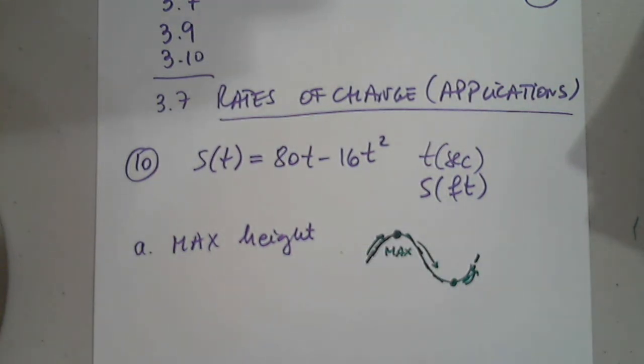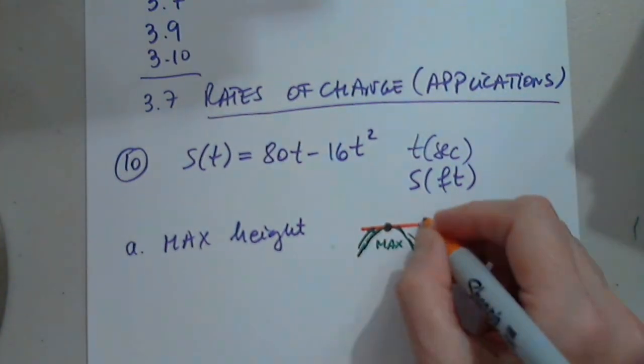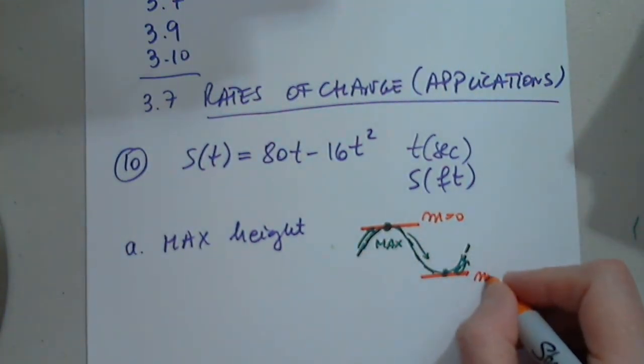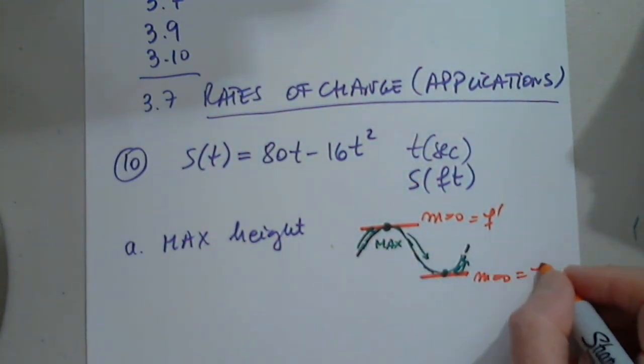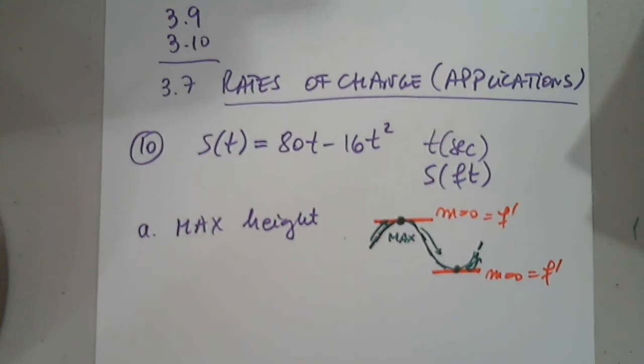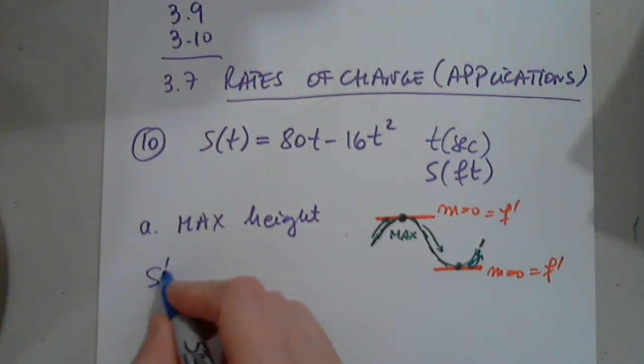Exactly. It's a horizontal tangent. At this point, m equals 0. But what is m? It's f prime at that point, because the slope is given by f prime. That's exactly it. So all I have to do is find the derivative and do what with it afterwards? Set it equal to 0.